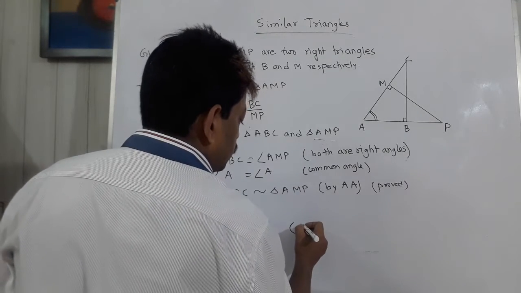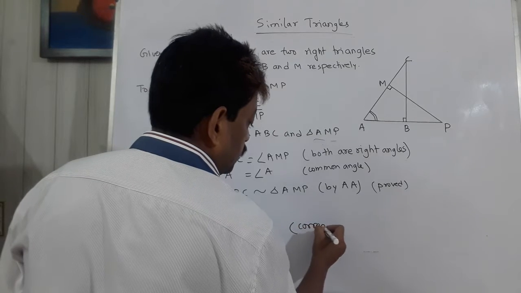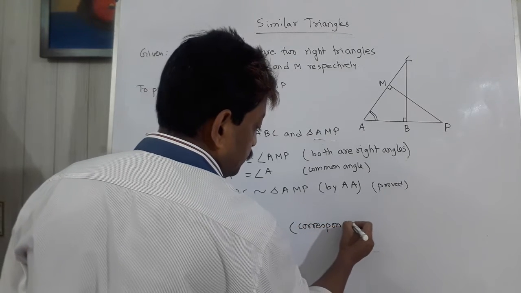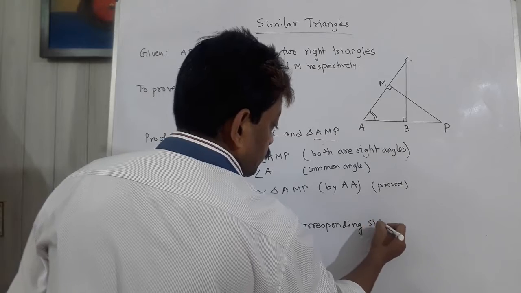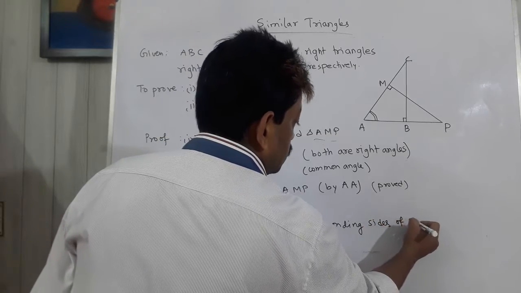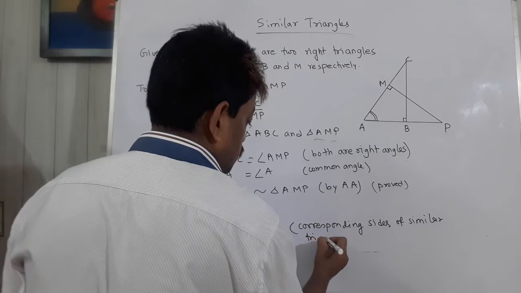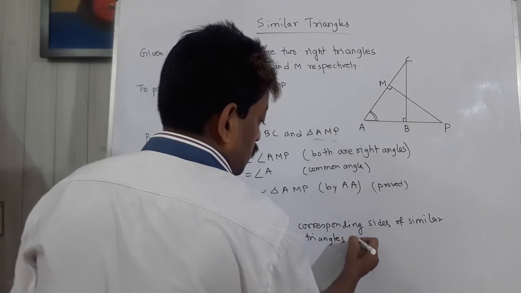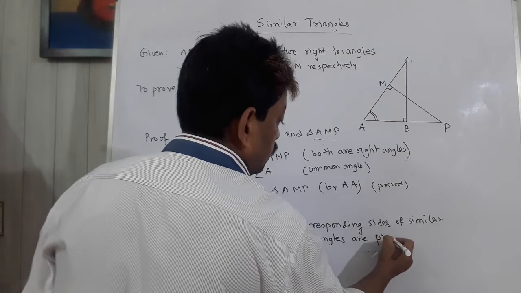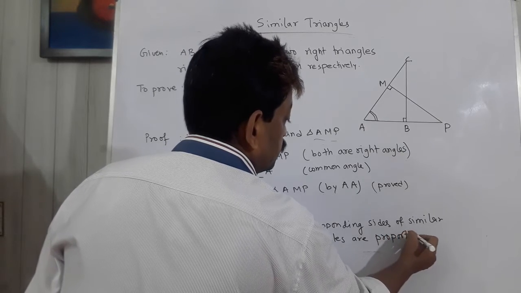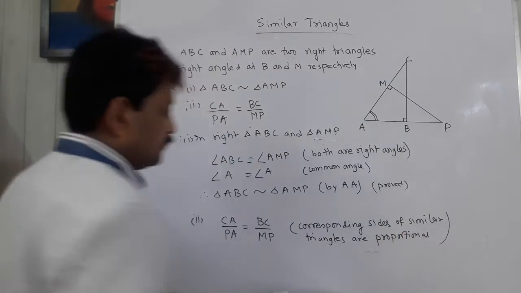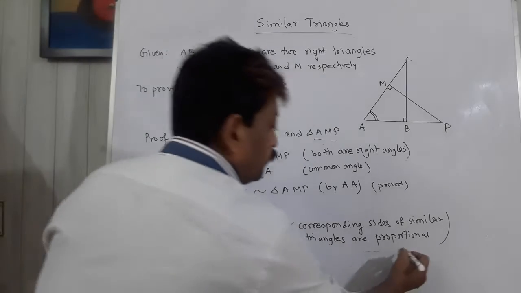So here is the reason: corresponding sides of similar triangles are proportional. Okay, so this is also proved.